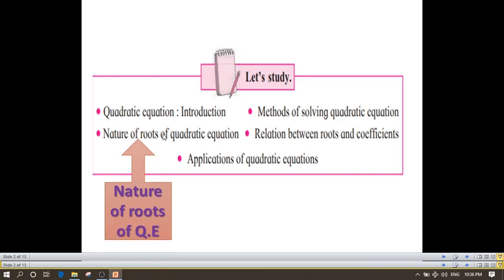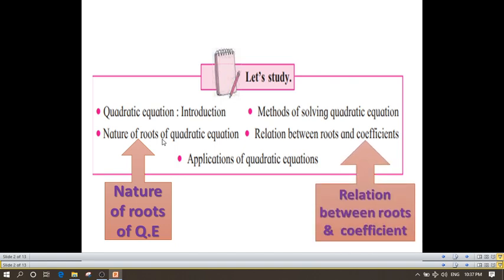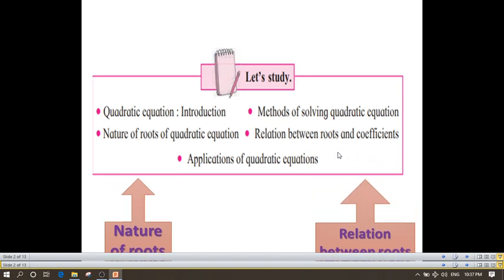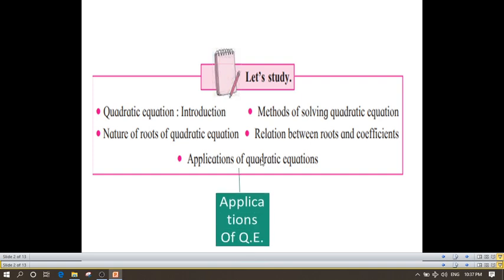Then third, nature of roots of quadratic equations, relation between roots and coefficients of quadratic equations, and lastly application of quadratic equations.